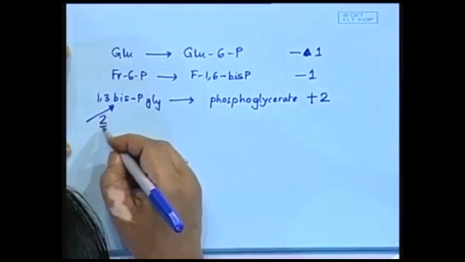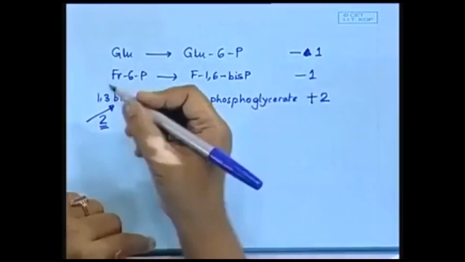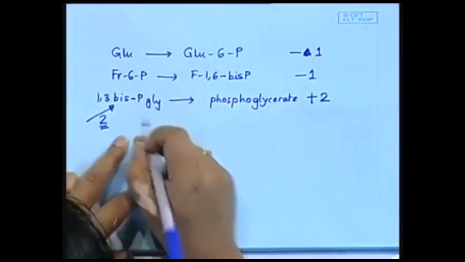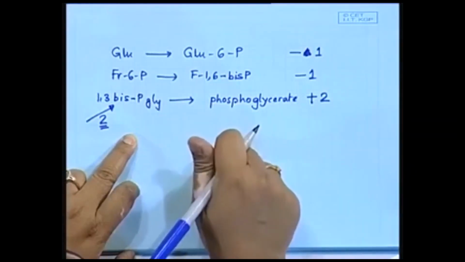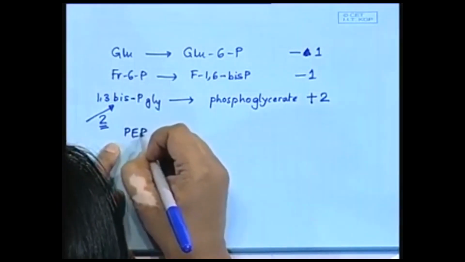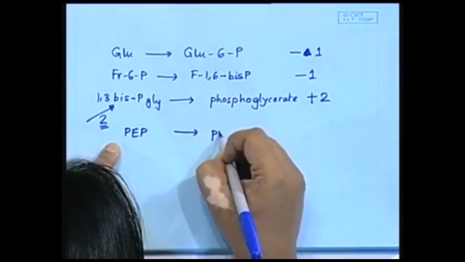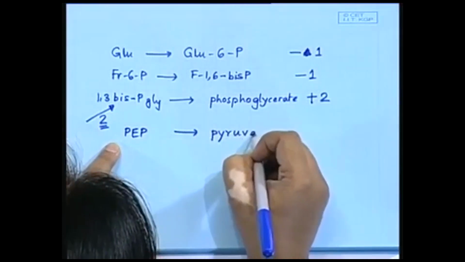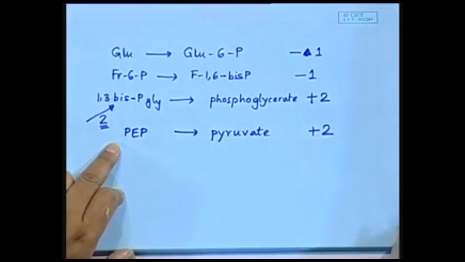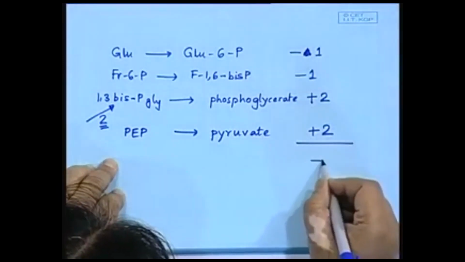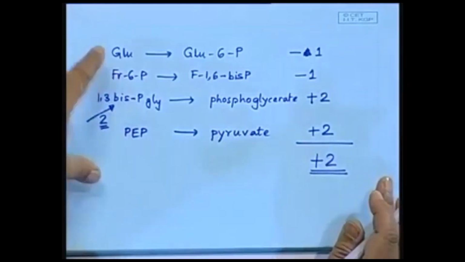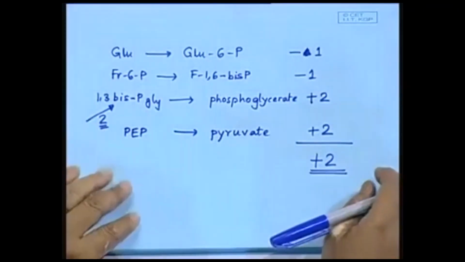Fine. Then from the phosphoglycerate we form the phosphoenol pyruvate. The phosphoenol pyruvate gave you the pyruvate. Plus 2. Fine. So eventually we have plus 2. That's the amount of ATP from glycolysis. That is what we figured out.